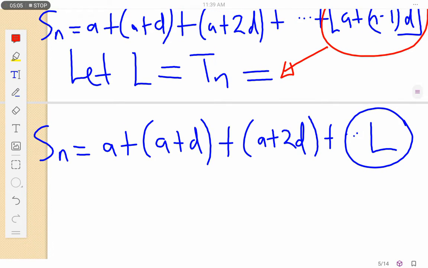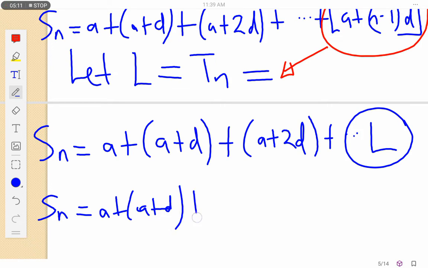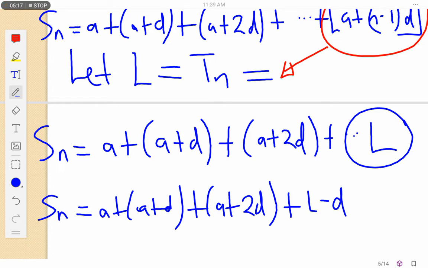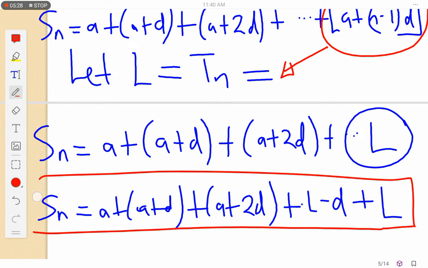So Sn is equal to a plus d plus a plus 2d plus ... plus L minus d, then plus L. This whole thing we can call equation number 1.